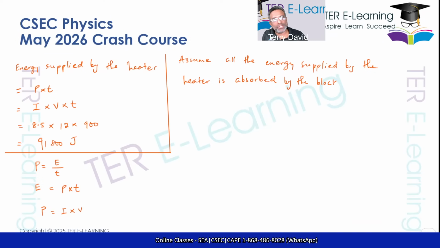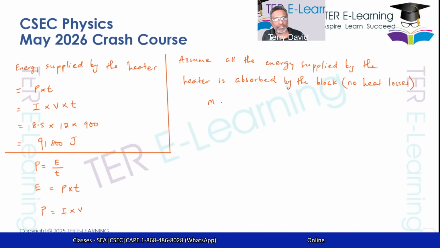That is our assumption, or you can say no heat losses. If that is true, then we're going to use this formula, E is equal to mc delta theta, in order to work out what c is.